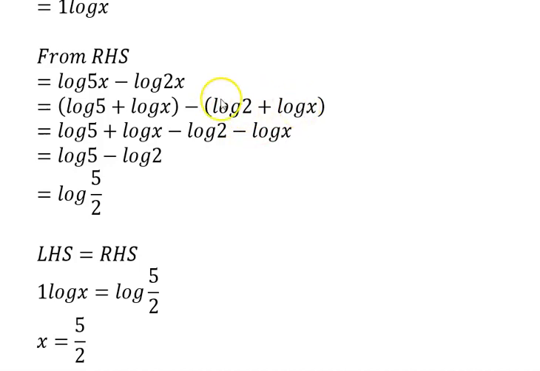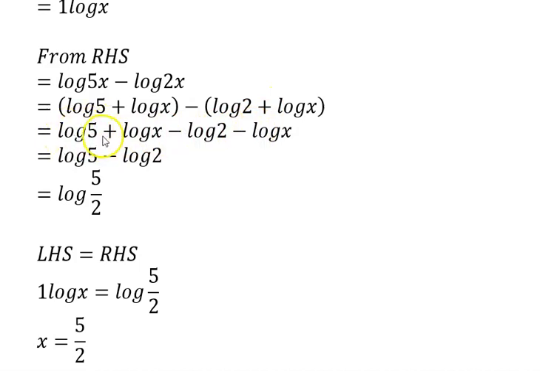Beautiful. So let's open up this bracket that we have here. Log 5 will stand, plus log x will stand. This minus will open up this bracket. So minus times log 2 will give us this minus log 2. Minus times plus log x will give us this minus log x, because minus times plus will give us what? Minus. We have opened up this bracket. Awesome.